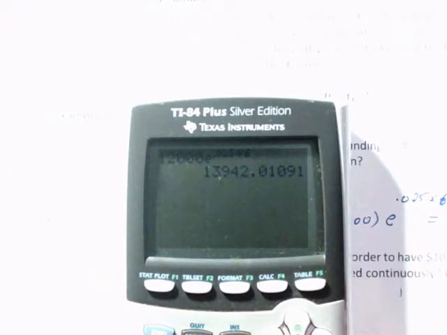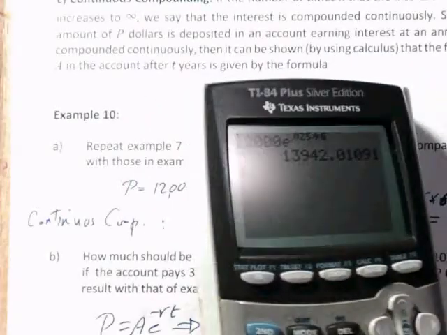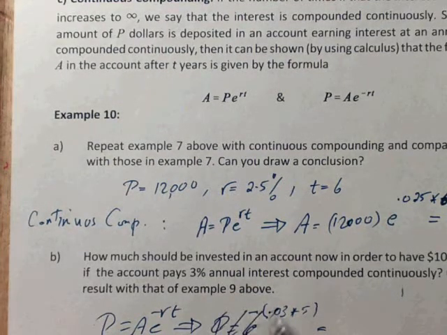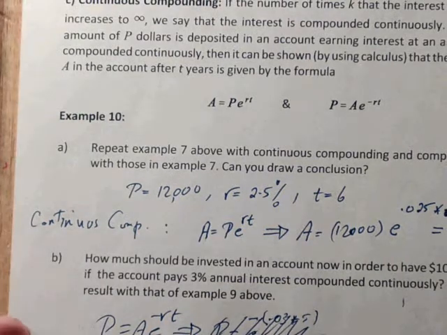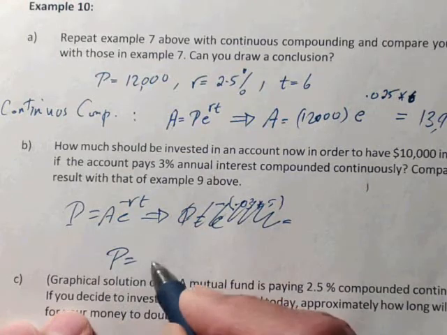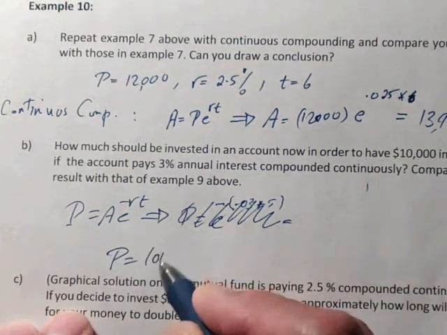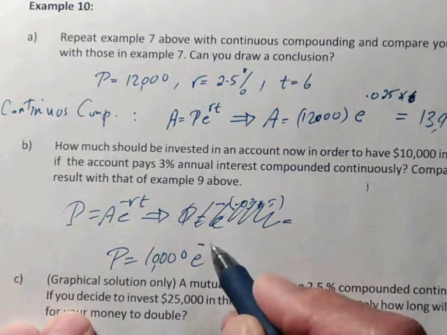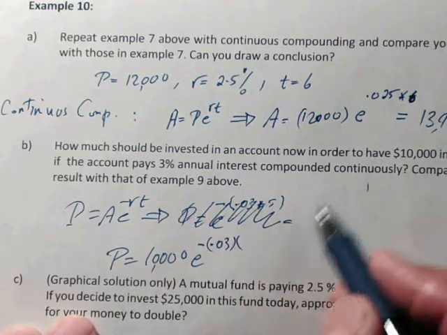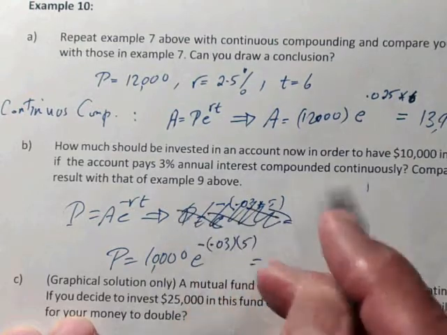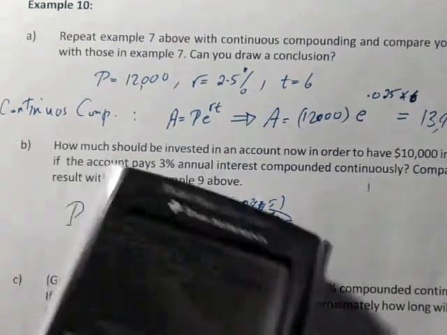Say A. I forgot my A. I'm sorry. I thought there was something not right about this. Rewrite. So P is equal to A. A is 10,000, e to the minus R, 0.03 times T, which is 5. I put this one in my calculator. And that's it.